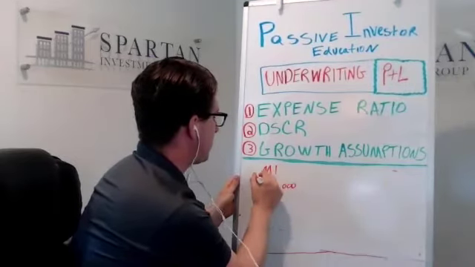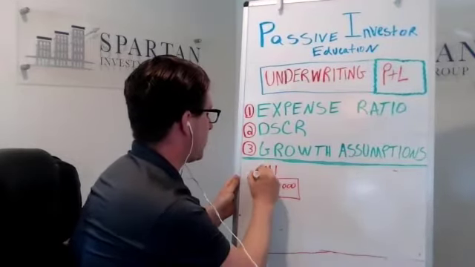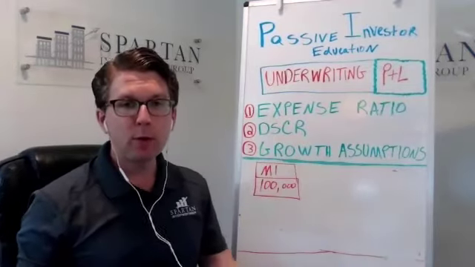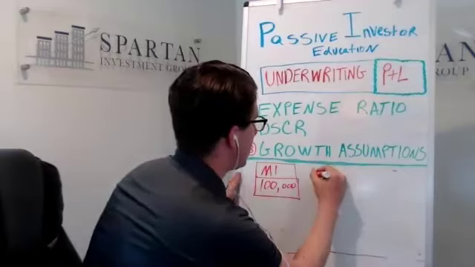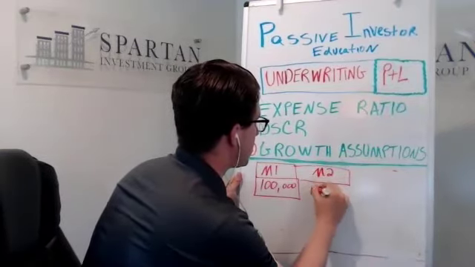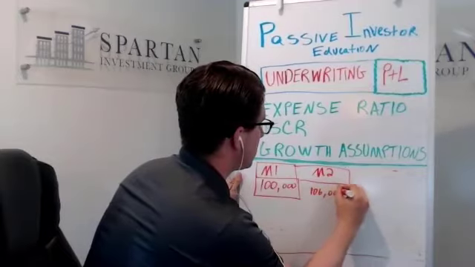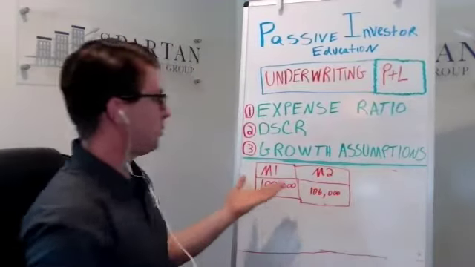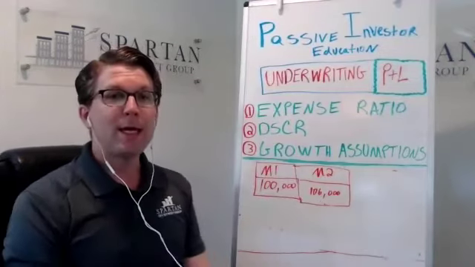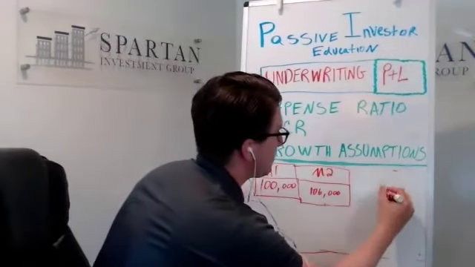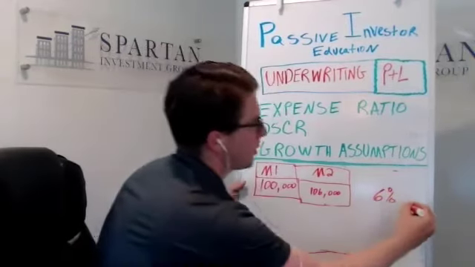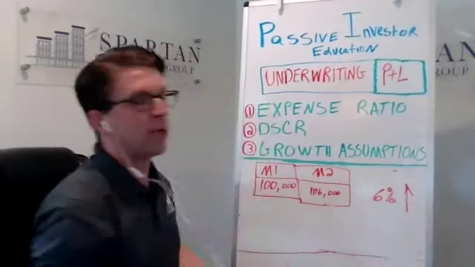And in year two, they say that the rent is now $106,000. If you take 106 over 100,000, you have a 6% growth rate. That is a very significant increase in your rent.